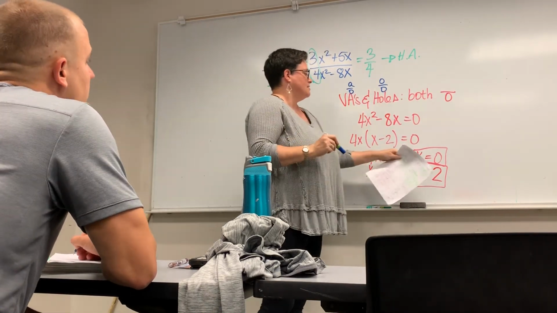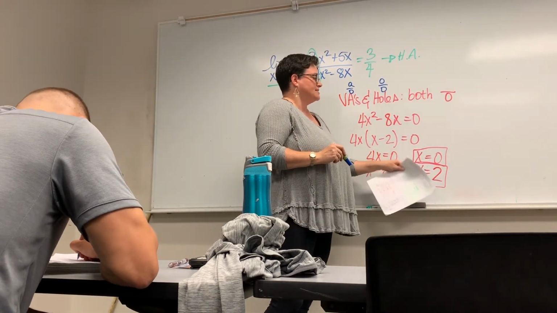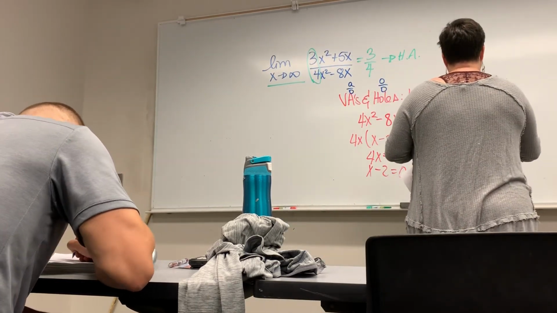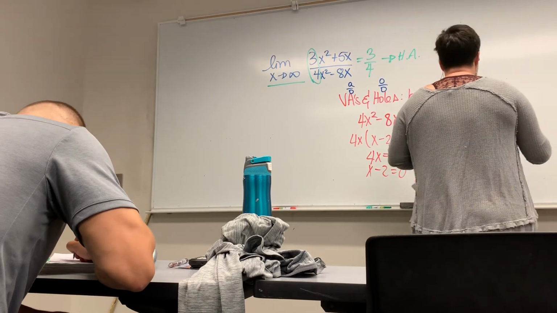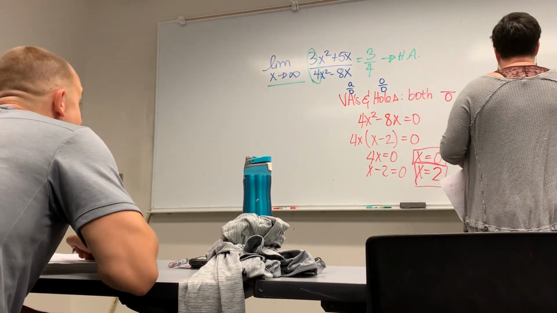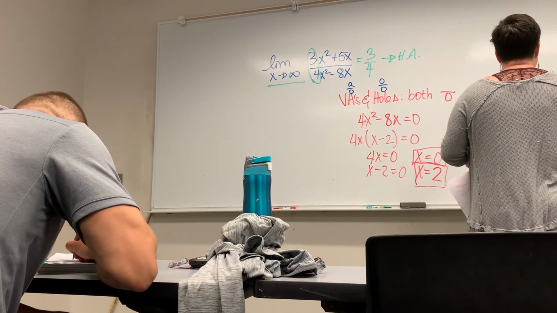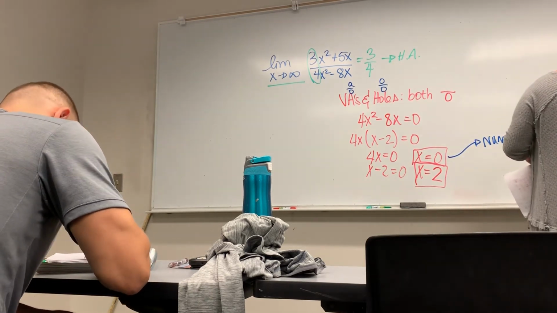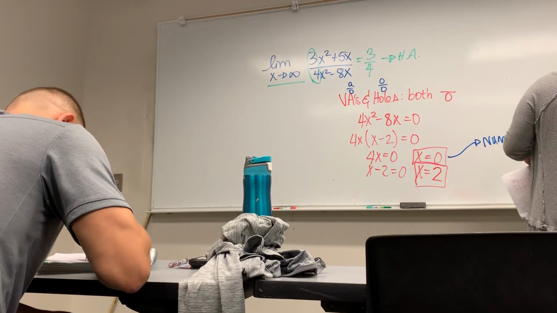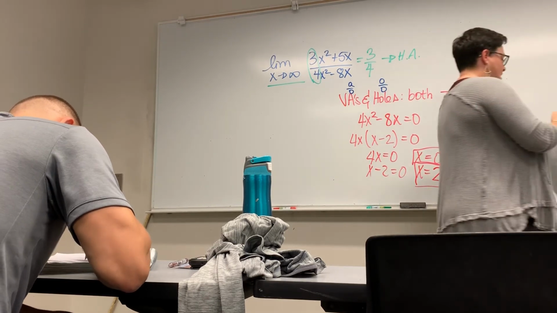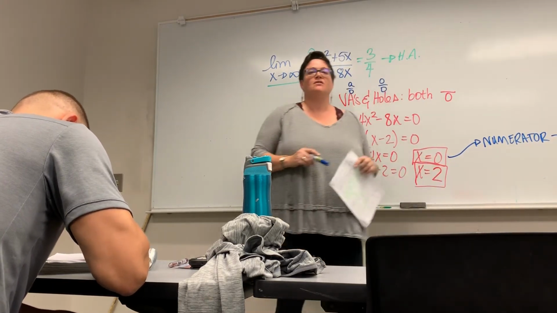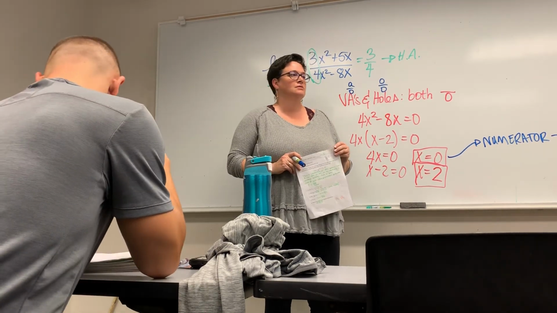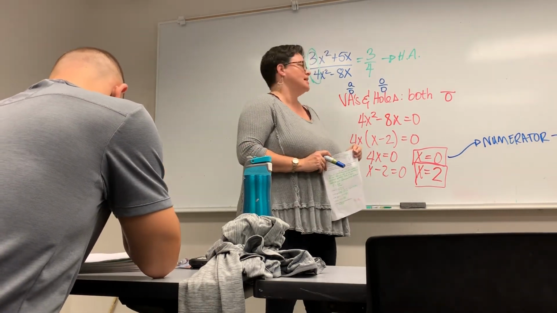So we plug these x values into the numerator to see what happens. If I plug x equals 0 into the numerator, it goes to 0. So what is this? x equals 0 is a hole. And something like 3/4 of the class said there were no holes. So I was very sad. And you can see it, guys.